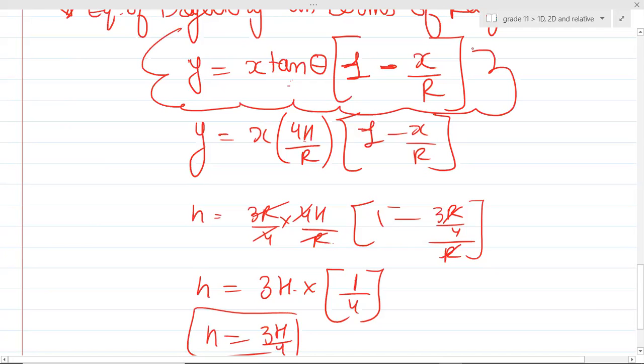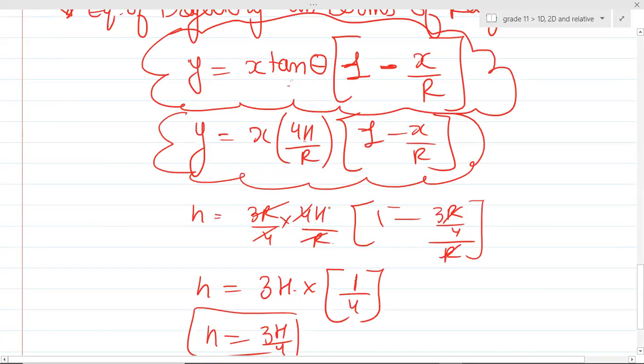Please note this formula as well. It will be helpful for you someday. Equation of trajectory in terms of the range, horizontal range and the height. So you can use these formulas someday.